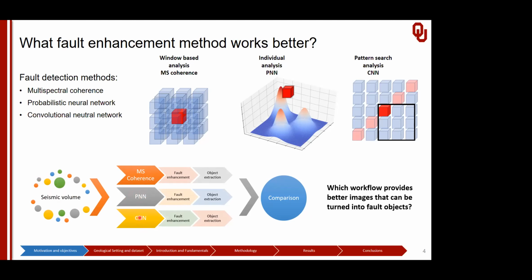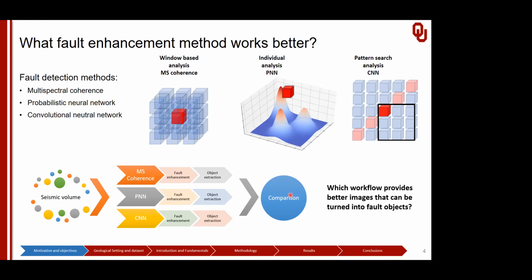To create a better result, I am using a fault enhancement process to extract fault objects at the end of the workflow and then compare all these methods. So the question here is: which workflow provides better images? Which one provides good results in a reasonable time? That's why I did this comparison using extracted objects.